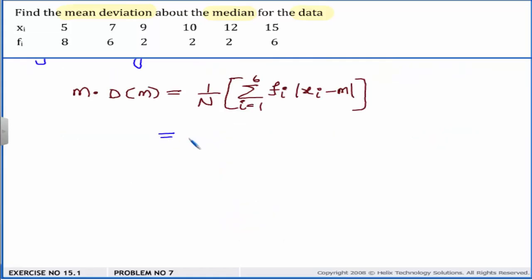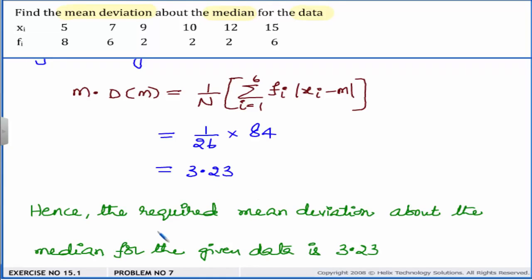Therefore, on substituting the values, we will be getting 1 by 26 into 84, which is equal to 3.23. Hence, the required mean deviation about the median for the given data is 3.23. So this completes the solution.